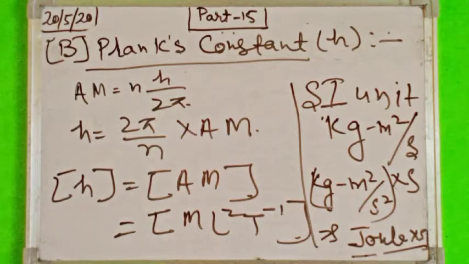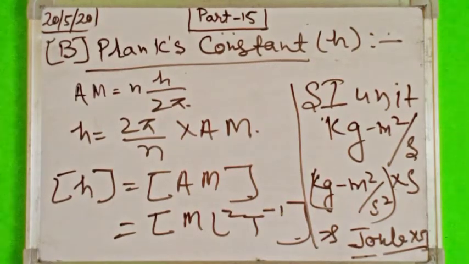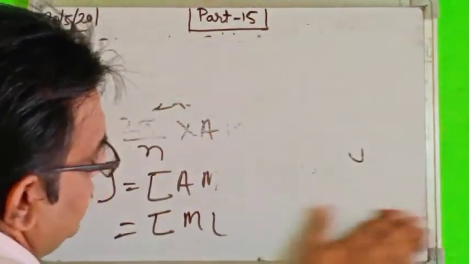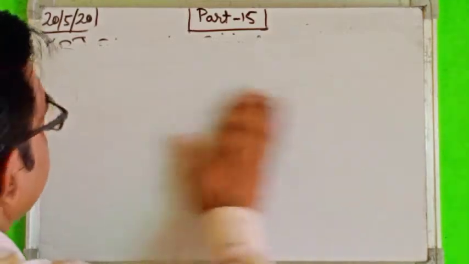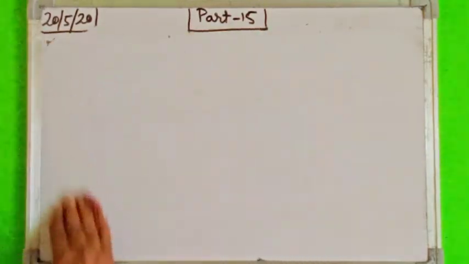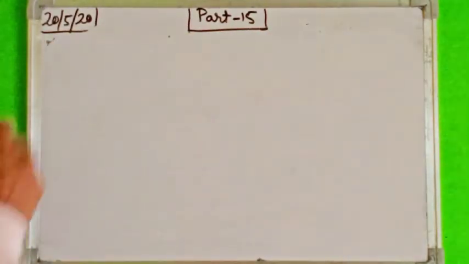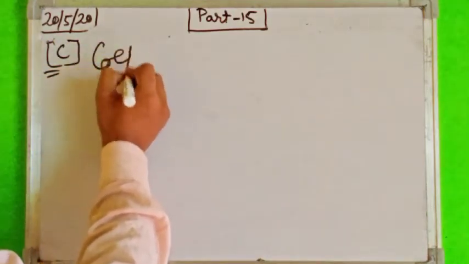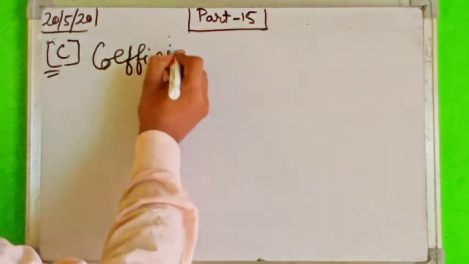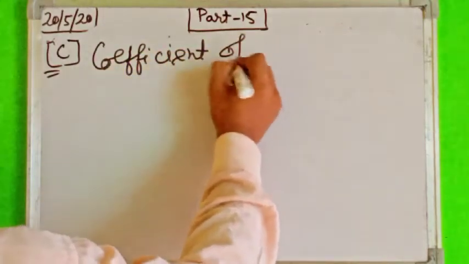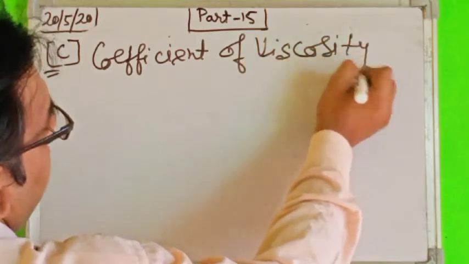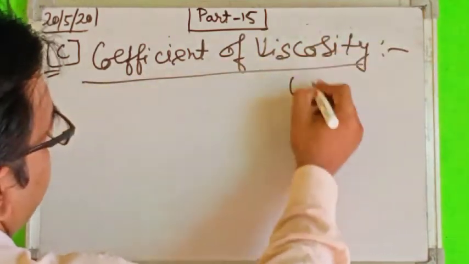Now these are the constants. The third one is coefficient of viscosity.